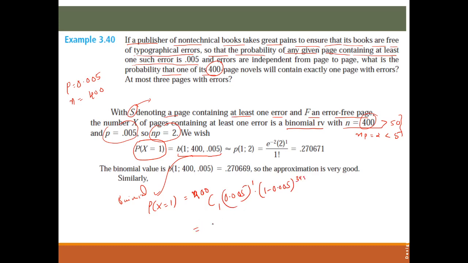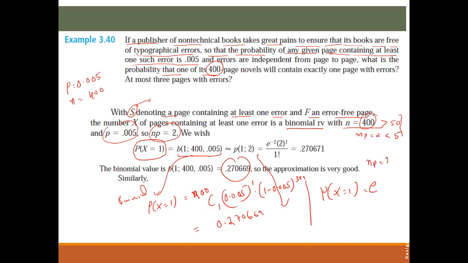If you calculate this, you will get the value 0.270669.